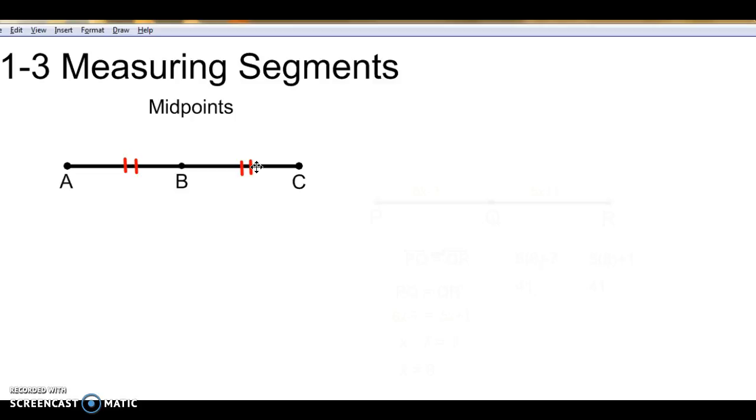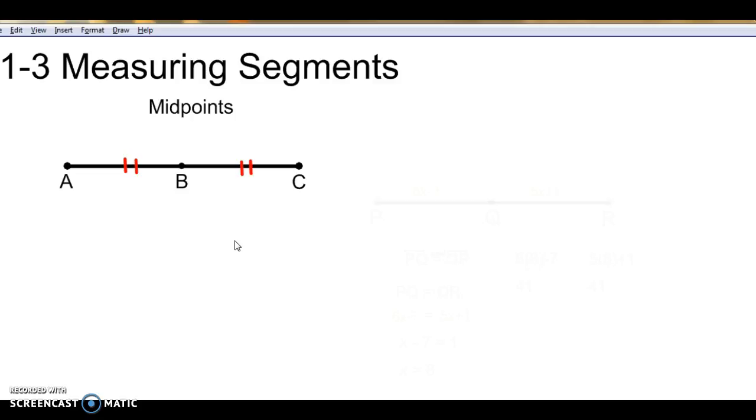Notice that segment AB is congruent to segment BC, and therefore the lengths of AB and BC are equal. Make sure that you understand the figures are congruent and their lengths are equal. Back to talking about midpoints. Since B is a midpoint, then the length of AB is equal to the length of BC.